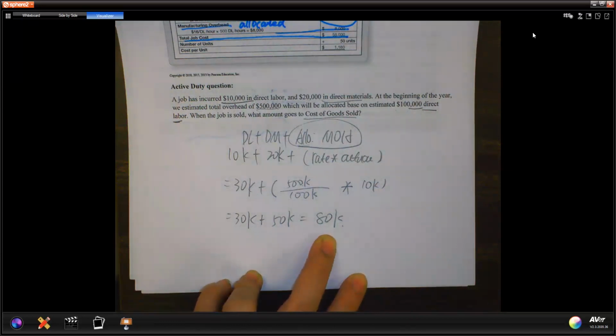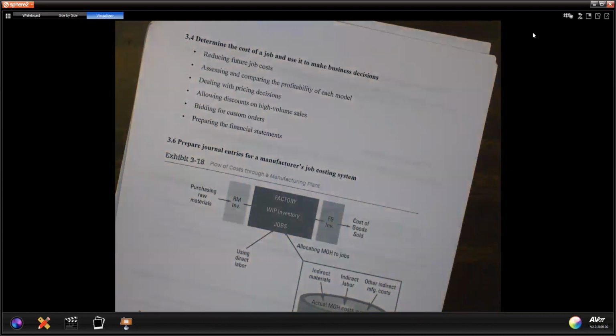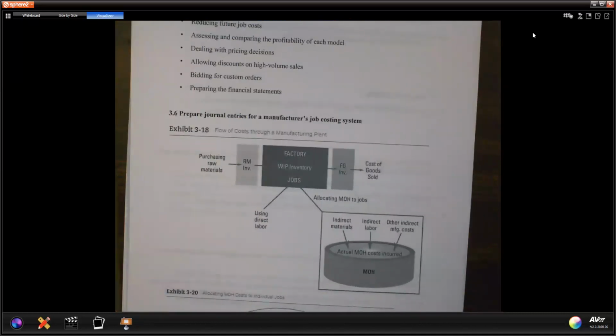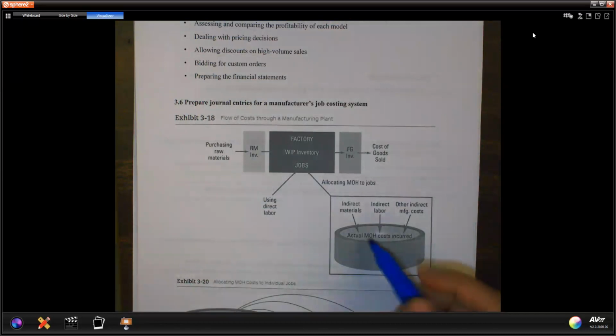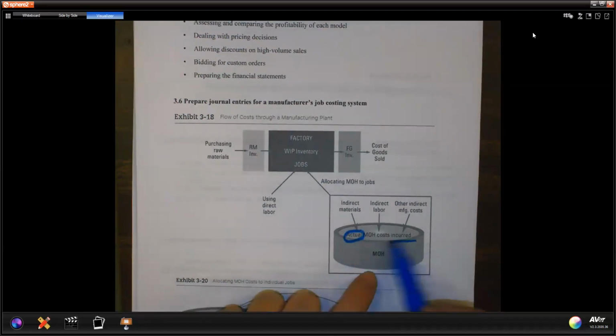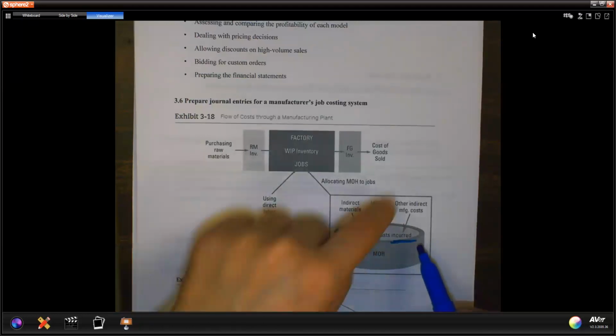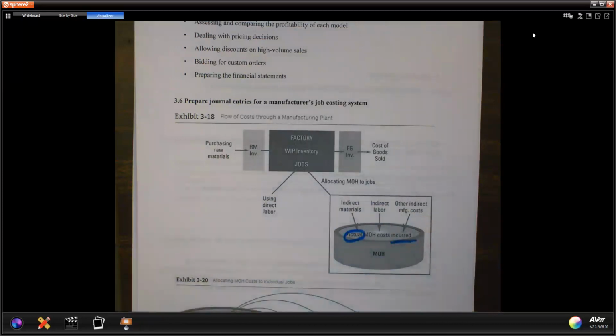Okay, so that gives you some idea. And the next thing is talking about manufacturing overhead and then the journal entry. When you really incur manufacturing overhead, this is your actual manufacturing overhead incurred. You first put indirect labor, indirect material, and all the others into this kind of swimming pool to hold it.